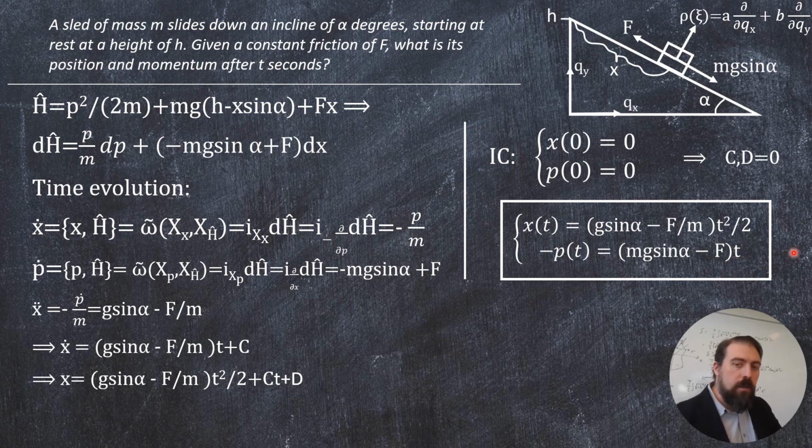So I can just plug in values of t here, and I will have my position and momentum, which was the goal of the exercise. Again, the sign of p is slightly unconventional, but that's not important.